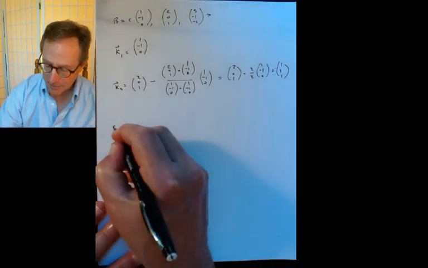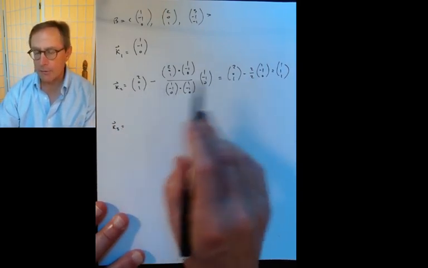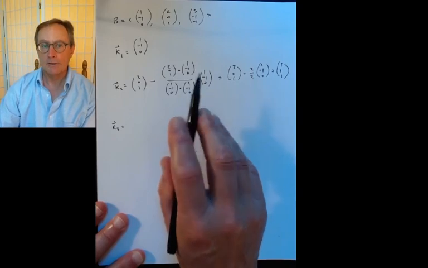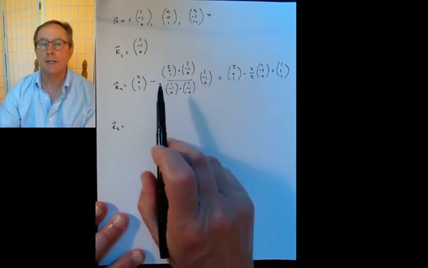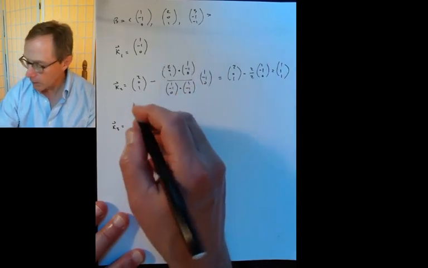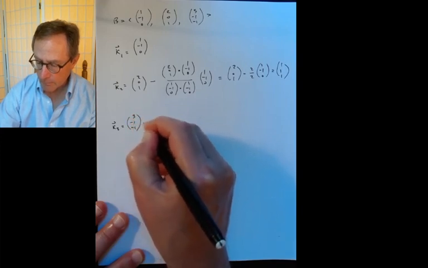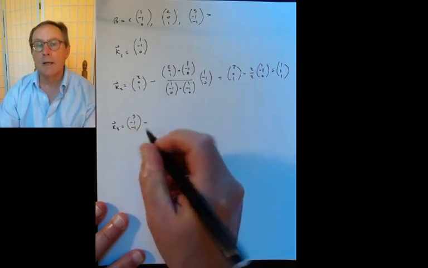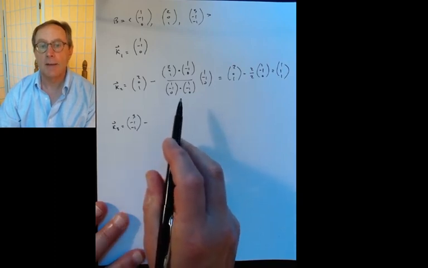So then kappa 3, a person can say, okay, but now you're starting to look at multiple interactions. Do I have to look at the interaction of the interactions? That's why we go as high as 3 to do the general case. So kappa 3: you start with beta 3, which is 3, minus 1, minus 1, and you subtract away the part of beta 3 that lies in the direction of kappa 1.